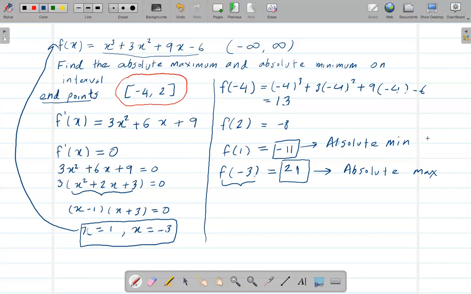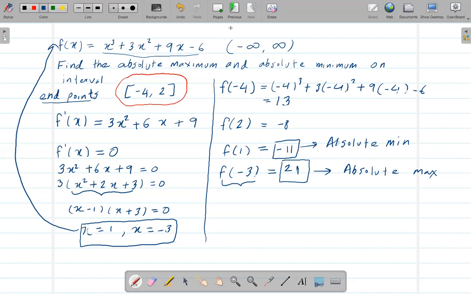So this is the idea to find the absolute maximum and minimum on an interval. Whenever you're finding absolute maximum and minimum, the function will be given, and also the interval will be given.